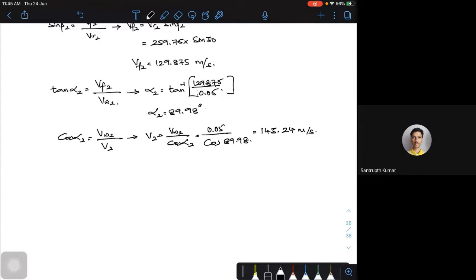Now there's a friction here. So CB is equal to V3 by V2 for the second row, or V3 is equal to CB into V2.